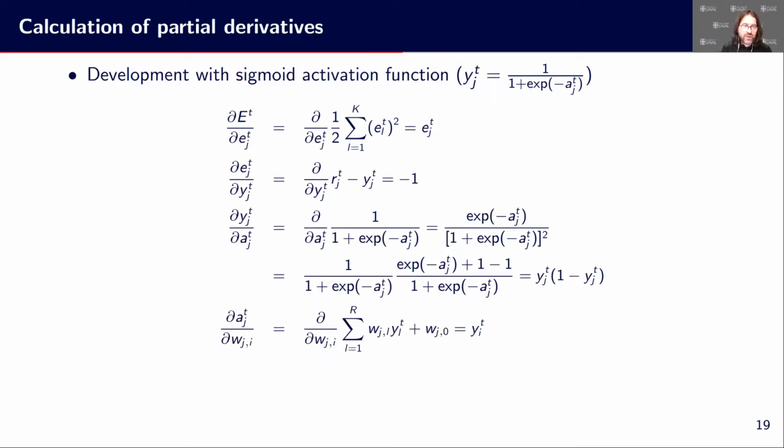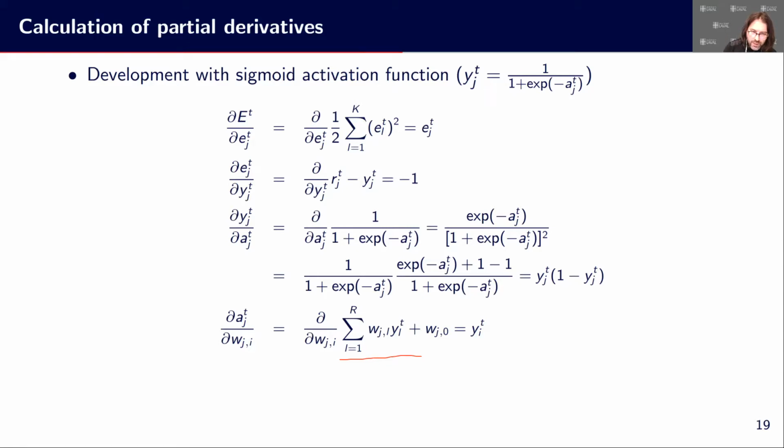And the last partial derivative that we are looking for is the one of AJ of AJT versus WJI. So remember that this thing is simply the linear model that we had. In fact, it is the whole thing here that we had before. So the point is that we are making a sum from 1 to R, where R is the number of neurons on the layer before the current layer.